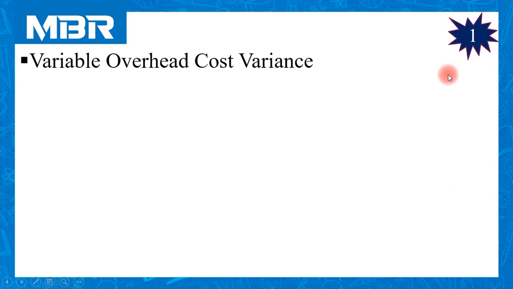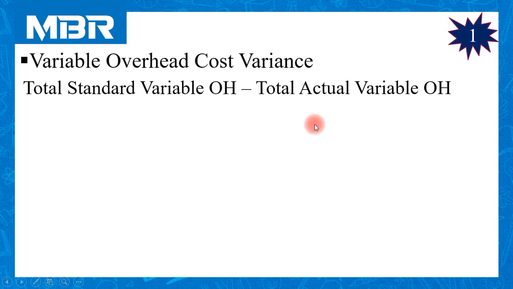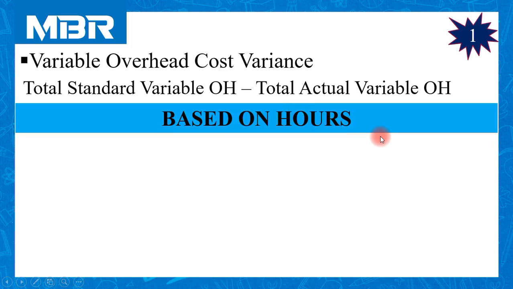It is variable overhead cost variance. Formula for the calculation of variable overhead cost variance: total standard variable overheads minus total actual variable overheads. We can calculate our cost variance either based on hours or based on output.